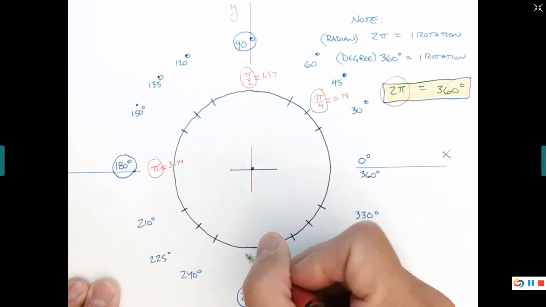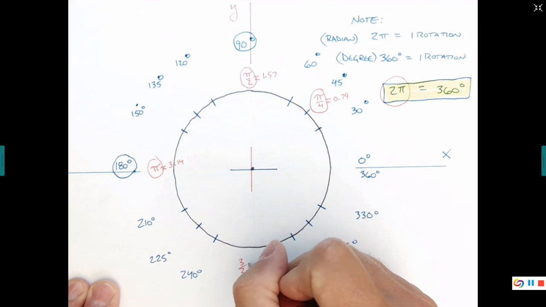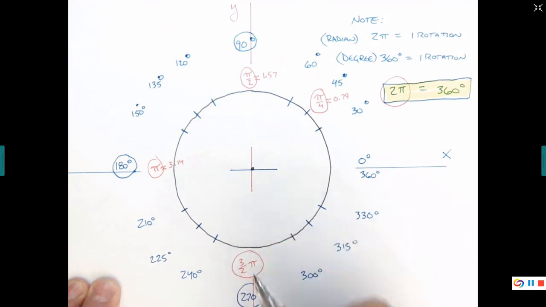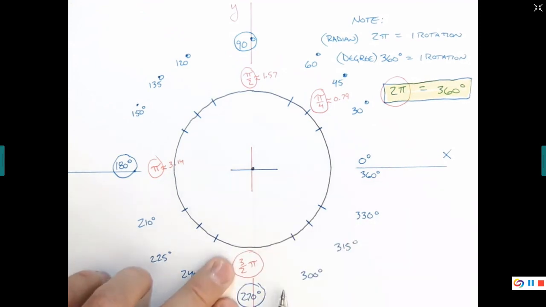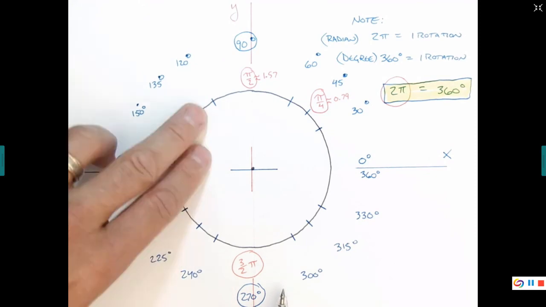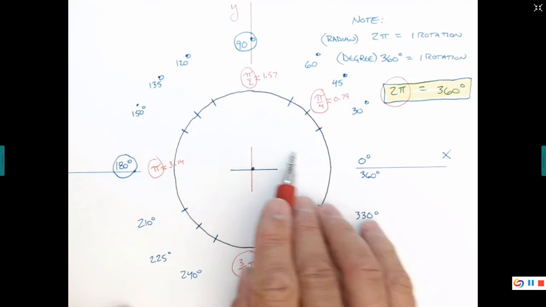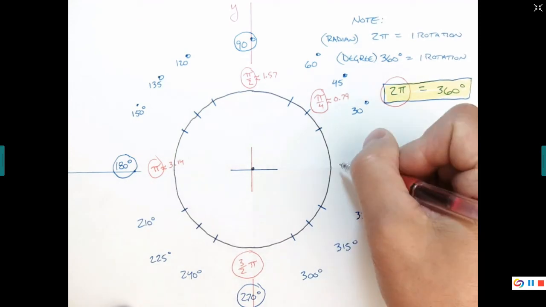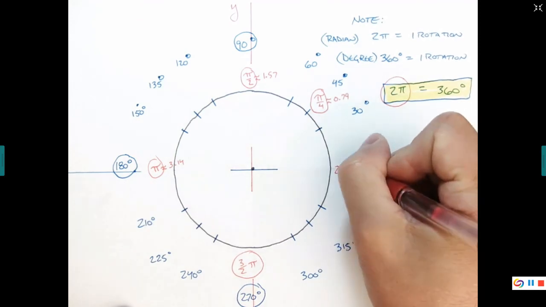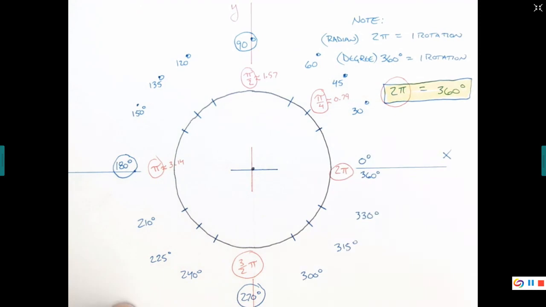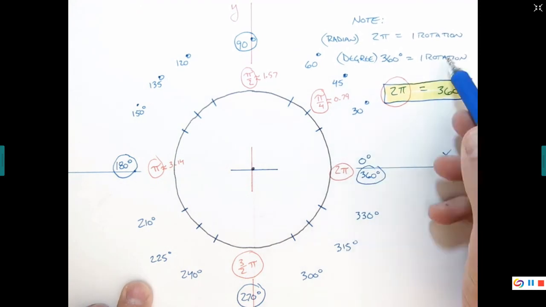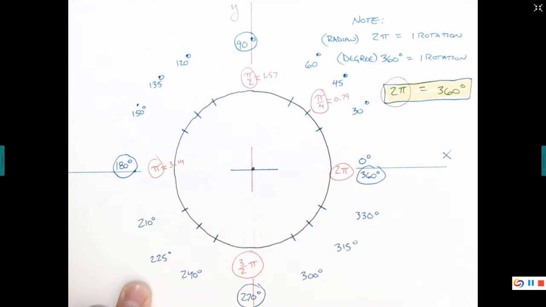We could write it as 3/2 pi, like this. I want to know these together very well, just like I want to know these and these. And of course, if I go all the way around the circle, I've gone pi plus pi, I've gone 2 pi. So 2 pi is the same as 360 degrees, which of course is what we knew from our previous work.